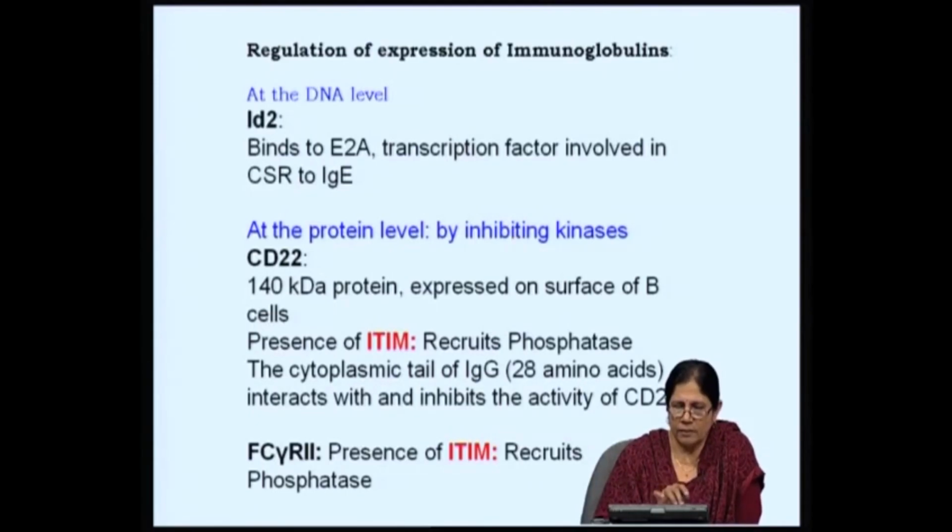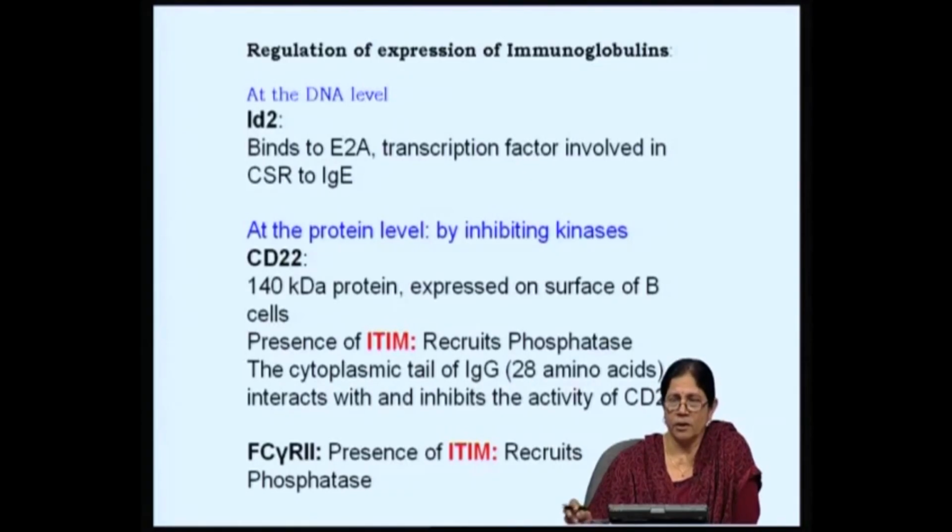At the DNA level, one should have minimal IgE type of immune response. Now, where would one want an IgE type of immune response? For example, in case of pathogens which are large, let us say helminths, worms that enter our system, where the macrophages cannot engulf, neither will the antibodies be able to kill.